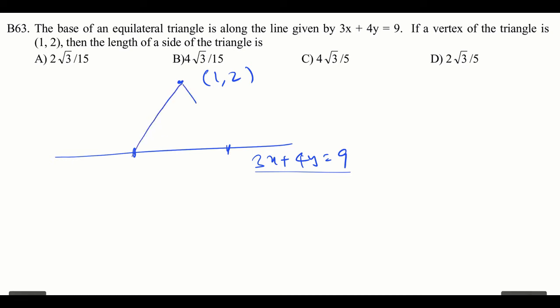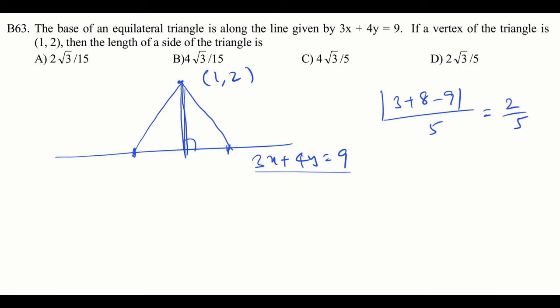Now we can find the height in this, which is nothing but the distance from 1 comma 2 to this line. I'll get it as mod 3 plus 8 minus 9 by root of a square plus b square, which in turn comes out to be 2 by 5. And this is nothing but the height of the triangle.